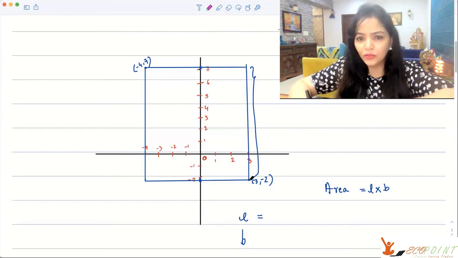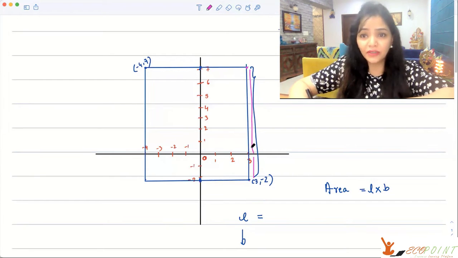This length is clearly the y-axis value that you get from here till here, the gap from here to here. The point is -2, so that means it's 2 units out here, right? And here the y-axis value is 7.